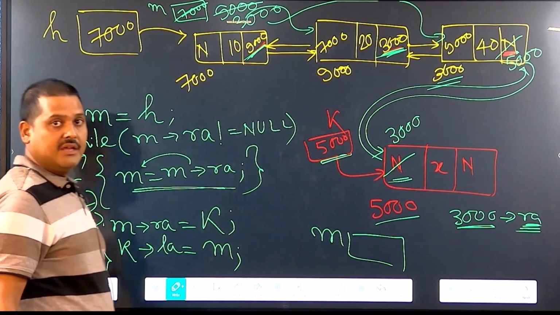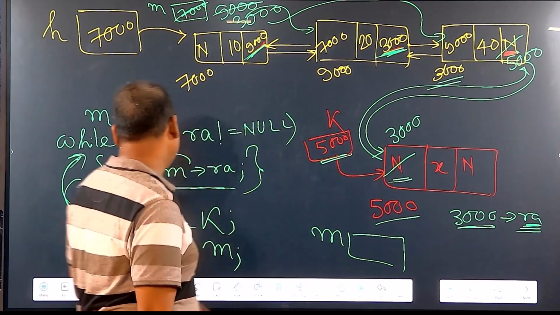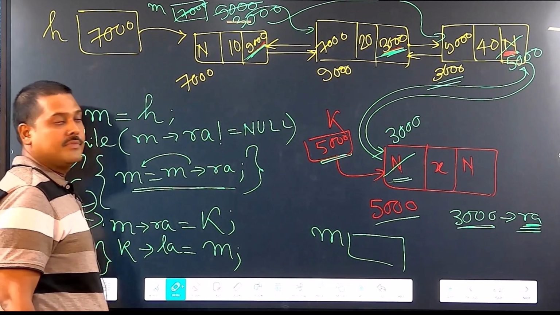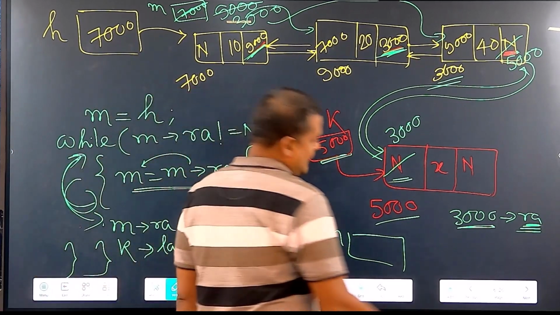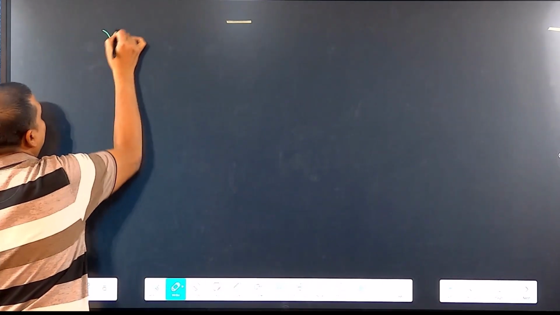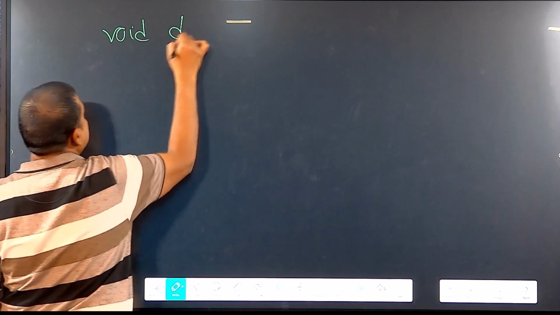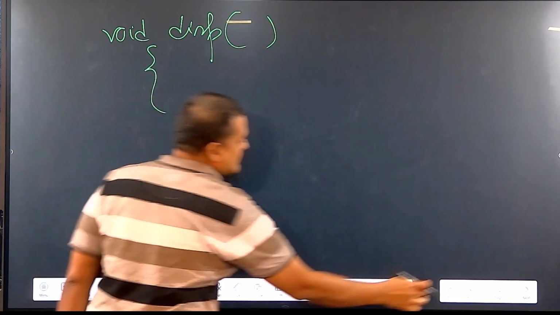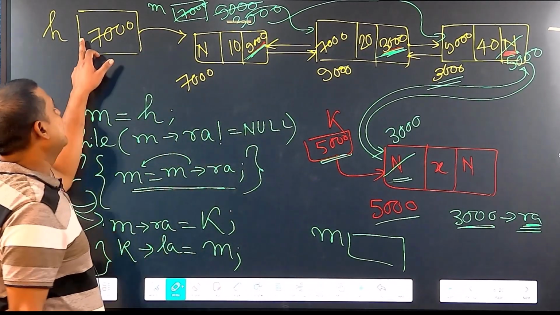In this way we will be able to insert all the values in the double linked list. Display is so simple. In case of void display, whenever we are trying to display, first we will check whether head is null or not.